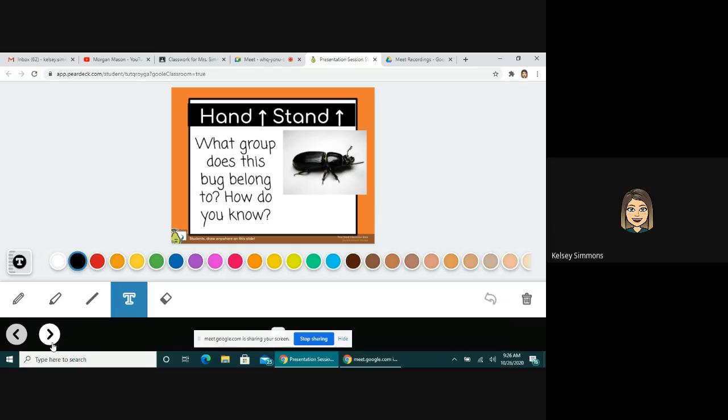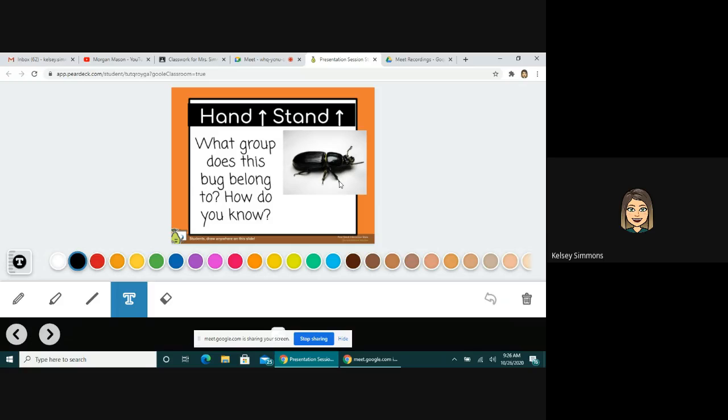What group do you think this bug belongs to? How do you know? Well, thinking about the different parts of the bugs that we learned about today, let's see. This looks like a beetle, but I don't know if a beetle is an insect or if it's an arachnid. So let's look at this bug. How many legs does it have? I feel like that's a great way to start to identify what kind of bug it is. 1, 2, 3.